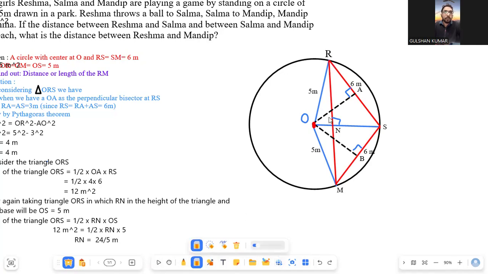This will be RN, which is half of RM, which is from here to here.